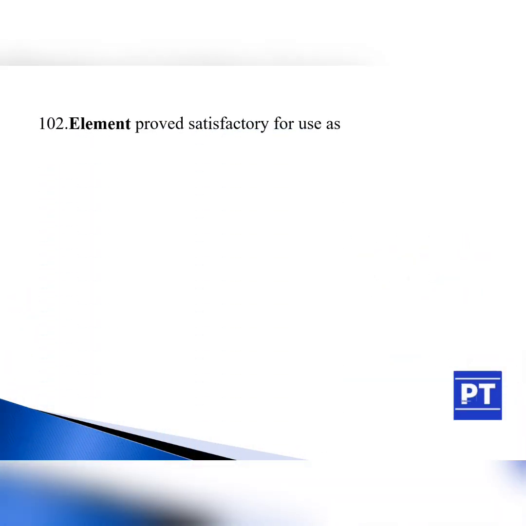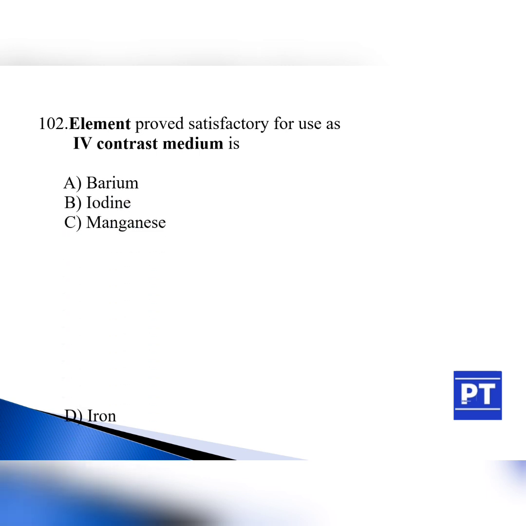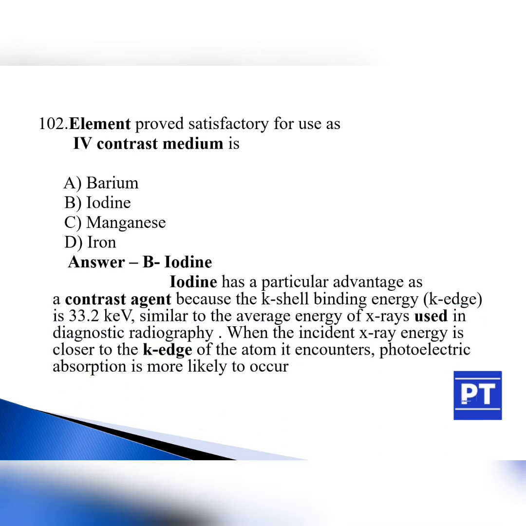Question number 102. The element proved satisfactory for use as IV contrast medium is: option A barium, option B iodine, option C magnesium, option D iron. The answer is option B, iodine.